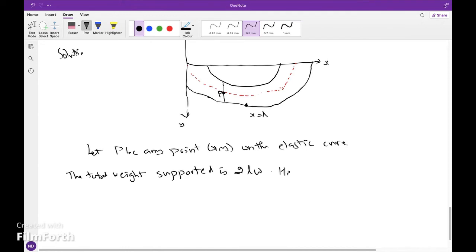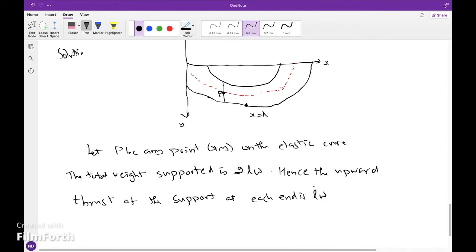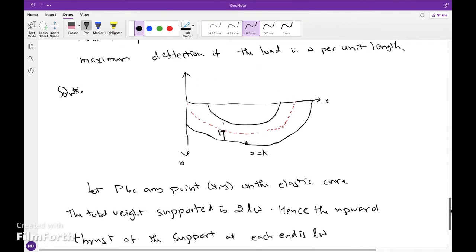Hence, the upward thrust of the support at each end is L omega. Consider the segment OP of the beam.